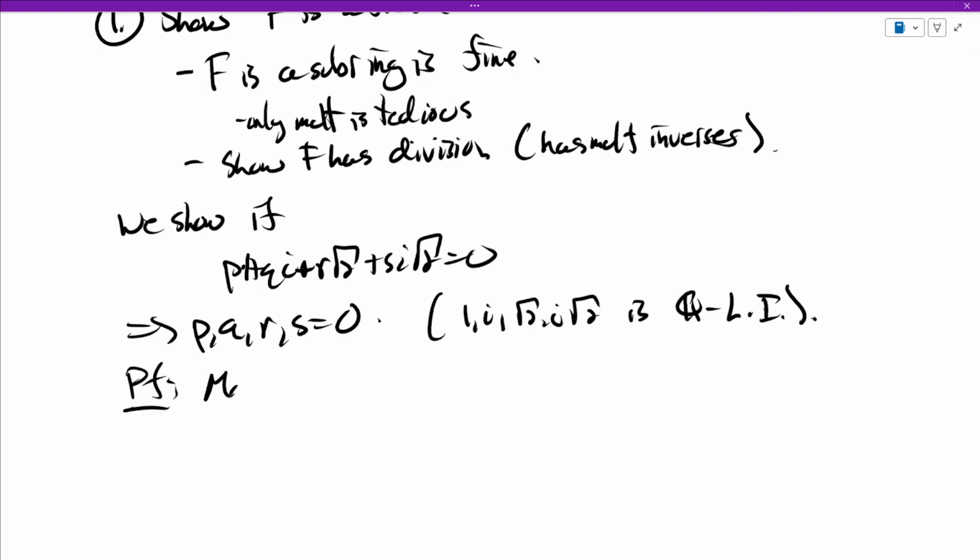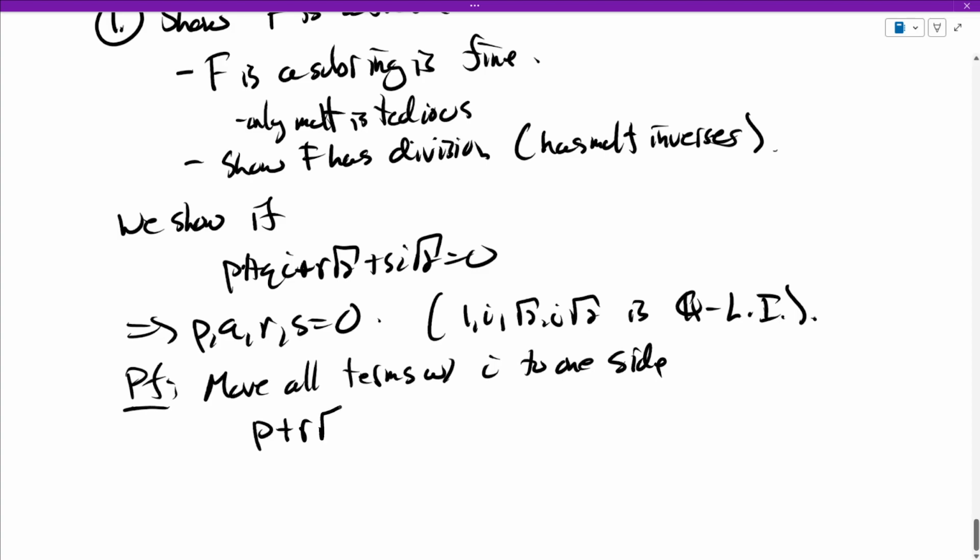Let's move all terms with an i to one side. If we do that, on the left we just have p plus r root 2, and on the right we're going to have negative i times (q plus s root 2). It's negative because we moved the positive terms over, and I factored out a negative i from both of them. All right, that's fine.